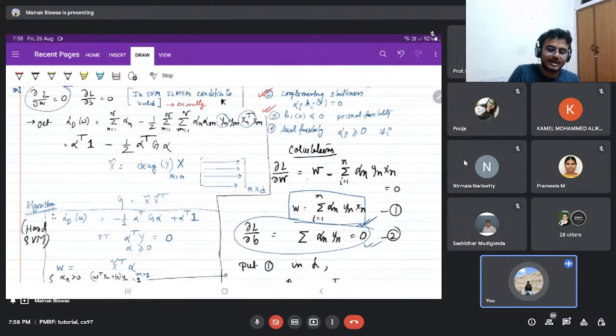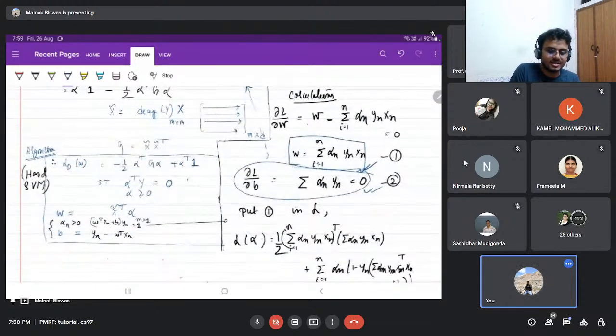Then you put the value of w and b in this equation, and you in turn get this equation as your optimization problem, where alpha transpose G alpha, I define G like this, diagonal of y into x transpose. This is a Gram matrix. I'll come to why it is called a Gram matrix. And this is the dual function that we want to maximize.